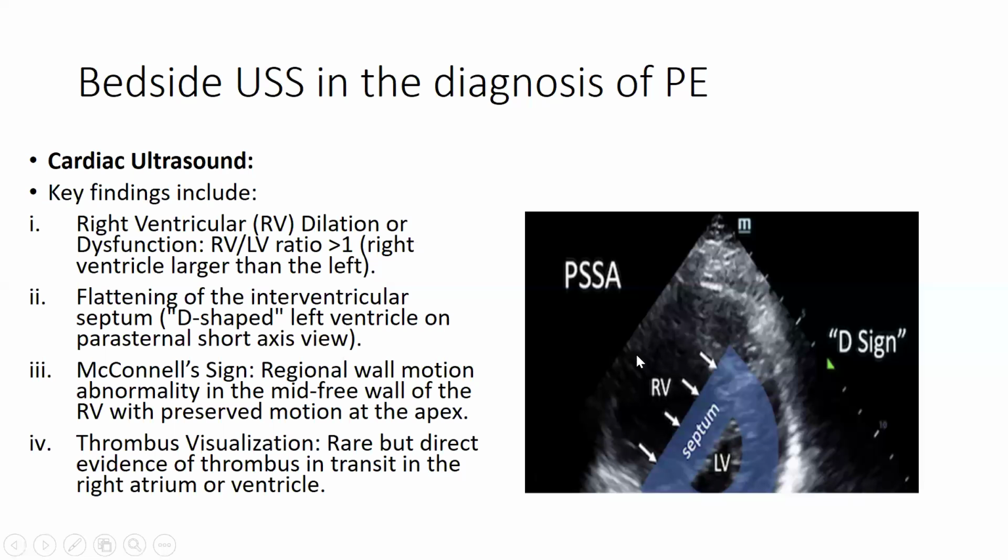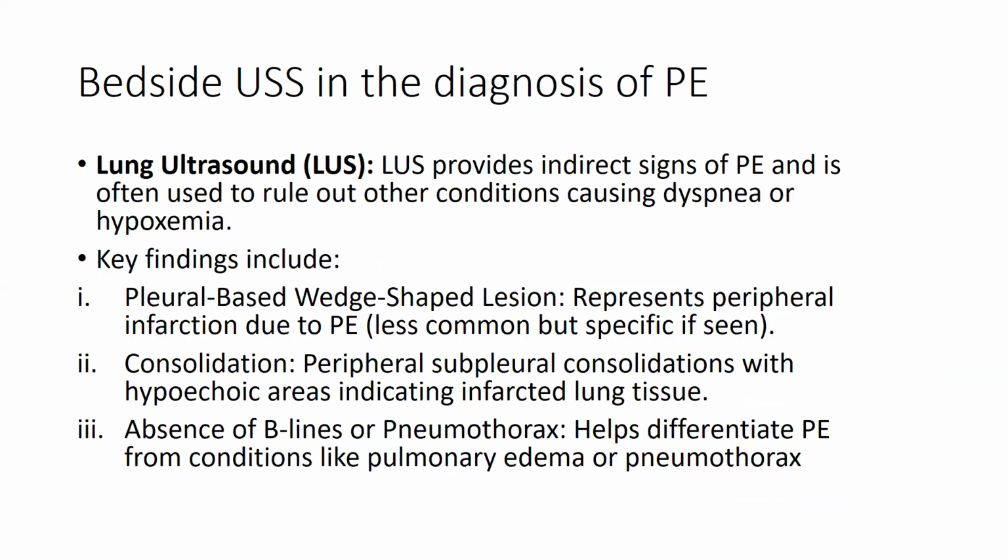So the features on cardiac ultrasound for PE are the D sign and the McConnell sign. Sometimes you may see a thrombus or embolus floating in the right ventricle. It's very rare, but sometimes you can see that, which gives you an indication of pulmonary embolism.